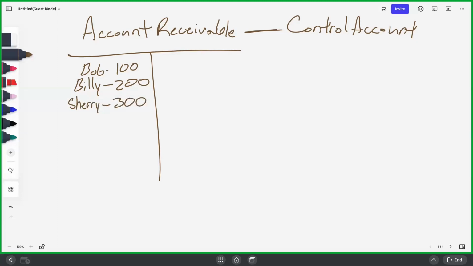But overall, our accounts receivable total is $600. Does that make sense? I'll take the silence as yes. Said there's subsidiary accounts? Yes.